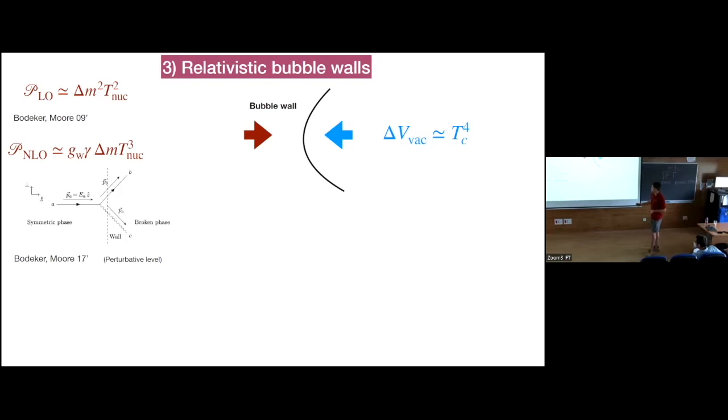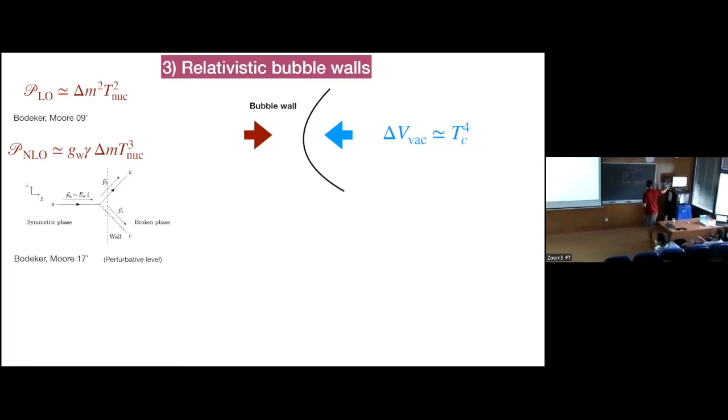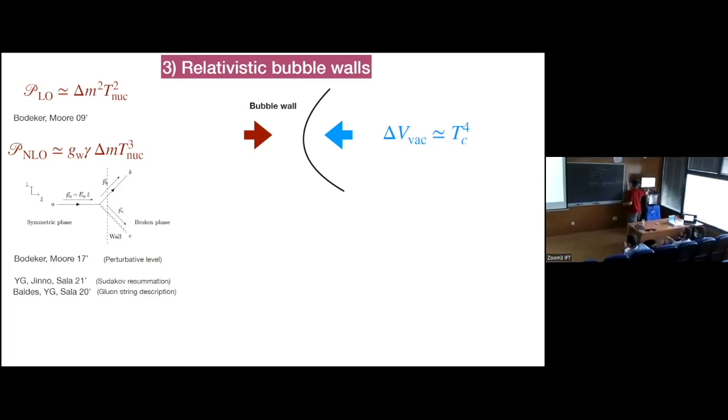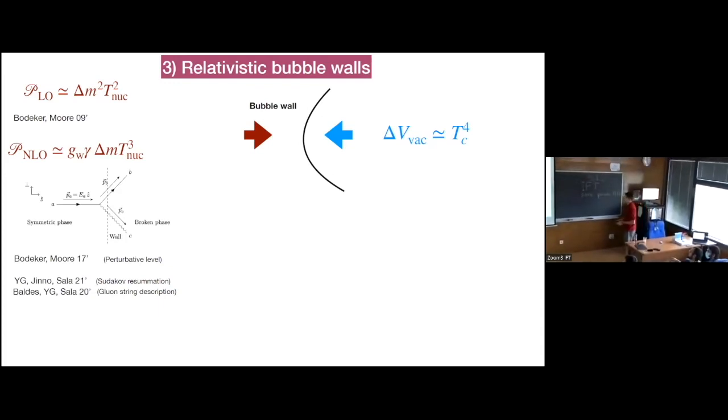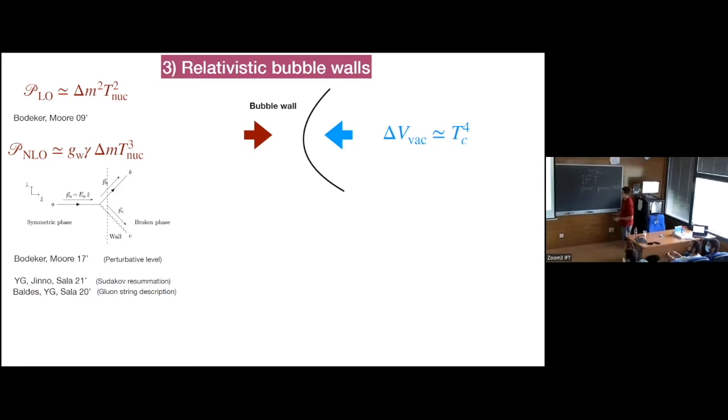So as the Lorentz factor goes up, at some point this term should compensate the blue. This computation was done at the perturbative level, but we have checked that it stands when we do a Sudakov estimation. So an arbitrarily large amount of radiation can be emitted: 1, 2, up to n quanta, and then you take n to infinity.